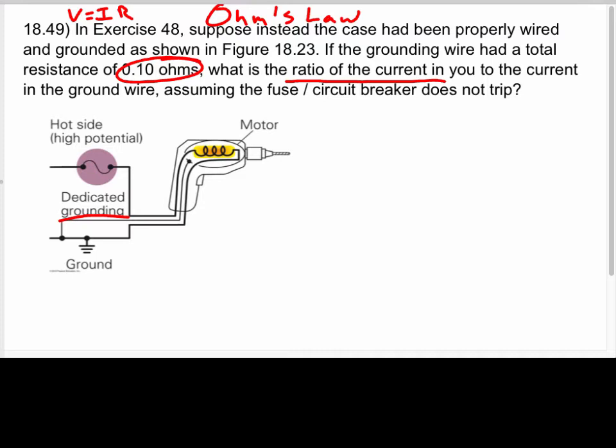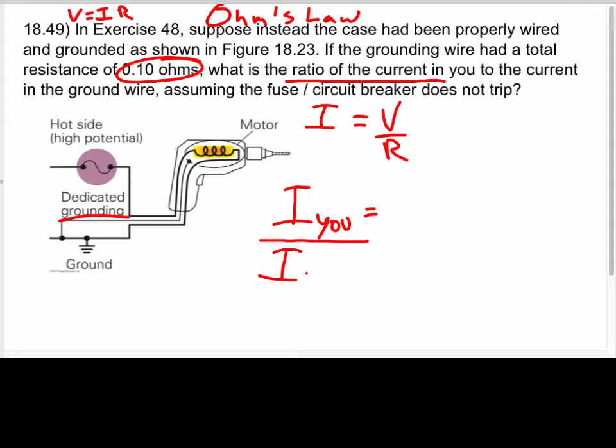So if I use Ohm's law, I get that the current is equal to the voltage divided by resistance. So the current in me over the current in the wire is what we're calculating.